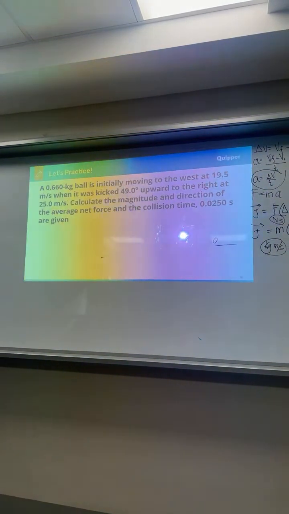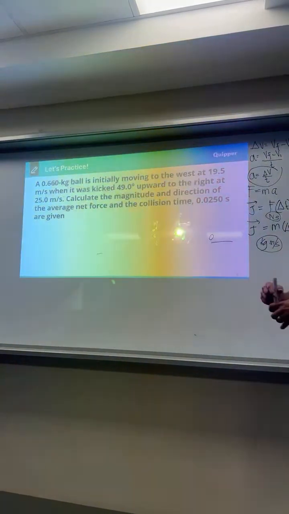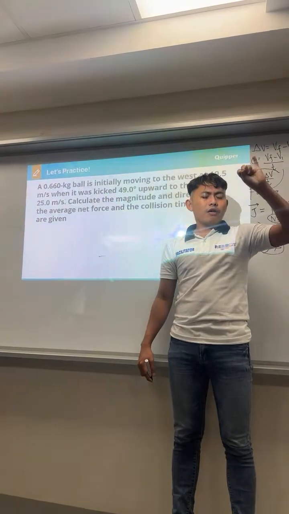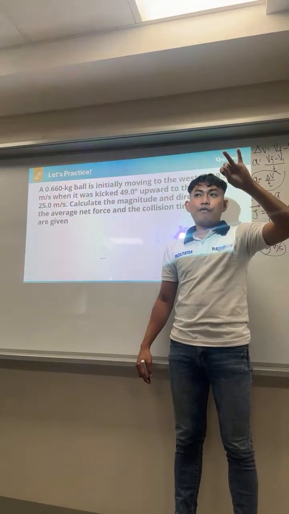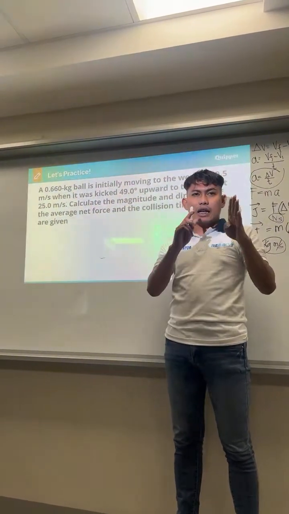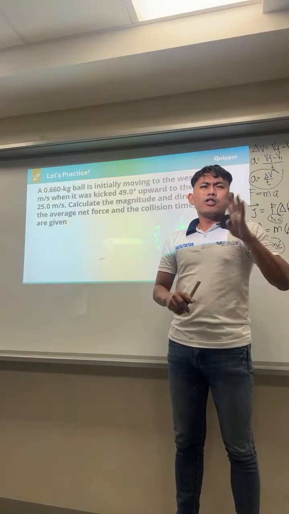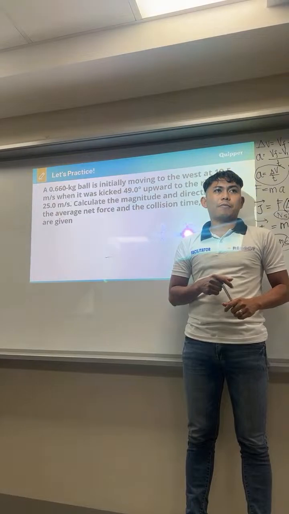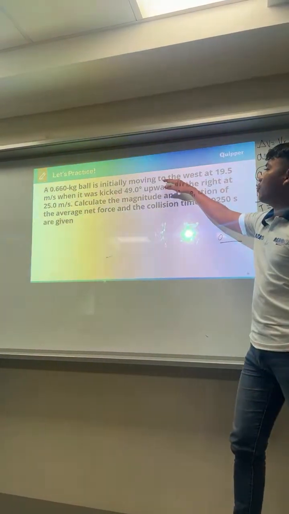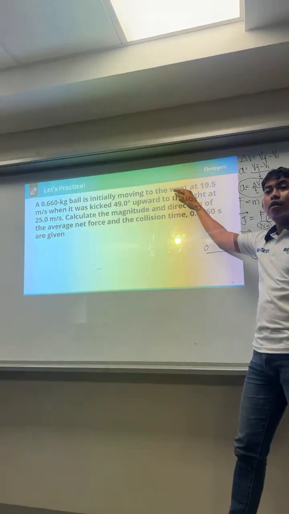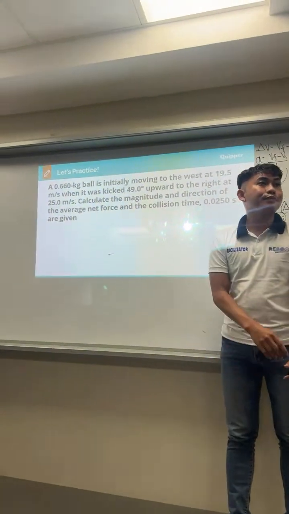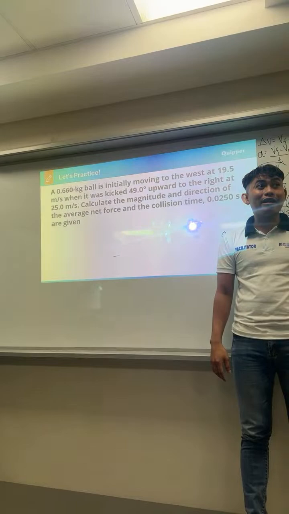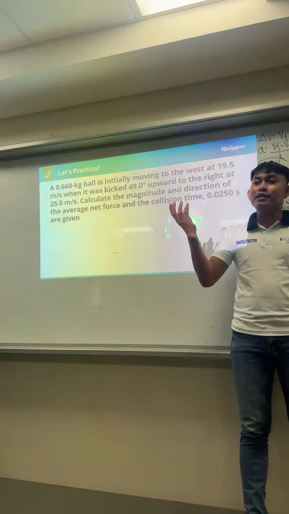So, unahan sa ito identify: V1Y, V1X, V2X, and V2Y. Sir, kung sa angle na po sa initial velocity, it was stated it was moving to the West. What's the angle pag west? Pag east, 0.